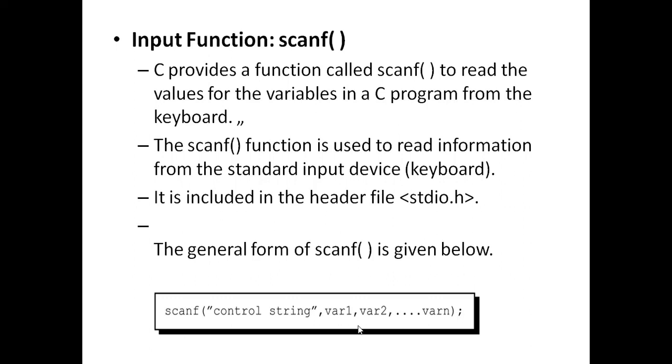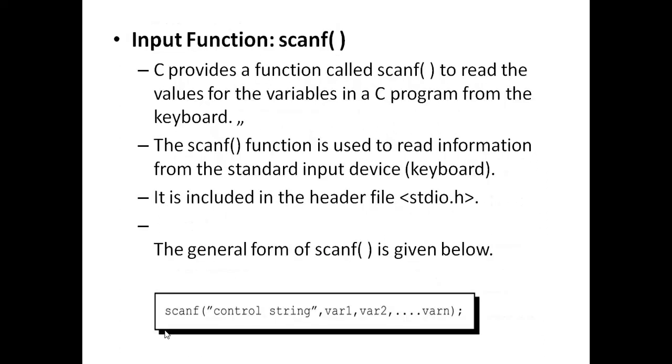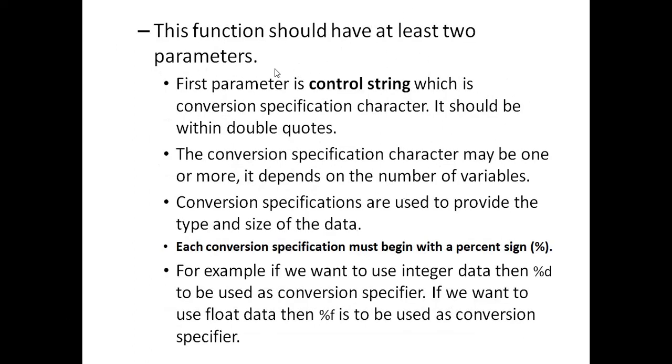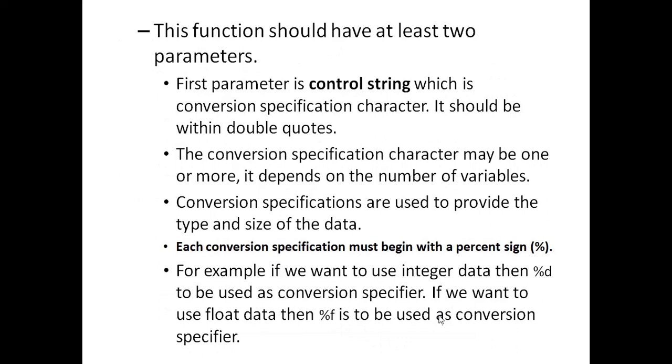So this is the syntax for the scanf function. In this syntax it has two parameters: one is the control string and another is a variable or list of variables.